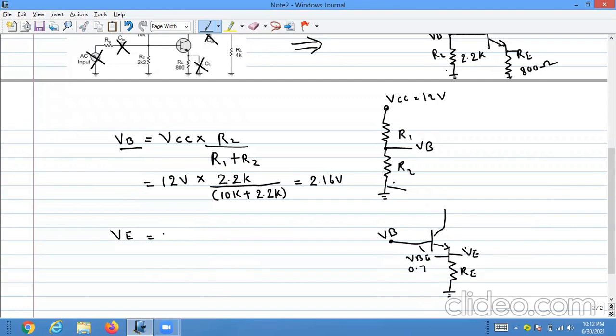VE is equal to VB minus VBE. VB we have already found as 2.16 volt, minus 0.7 volt. So you will get 1.46 volt.